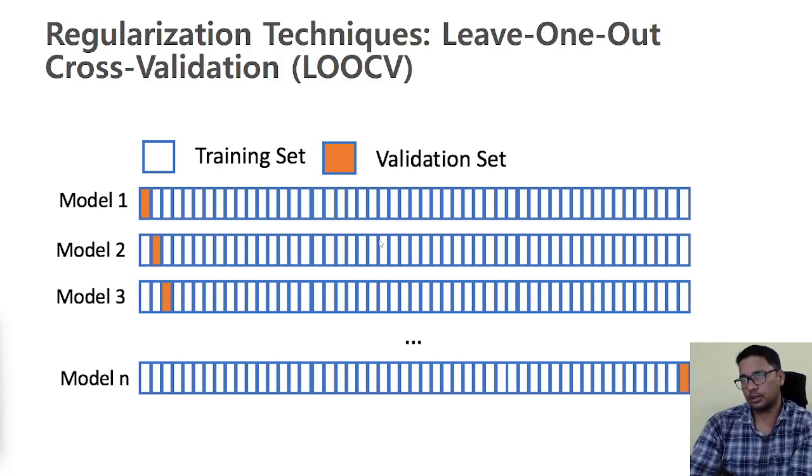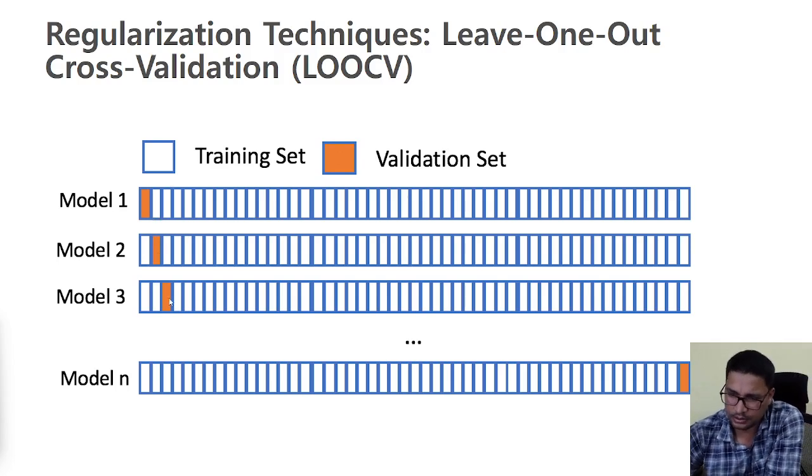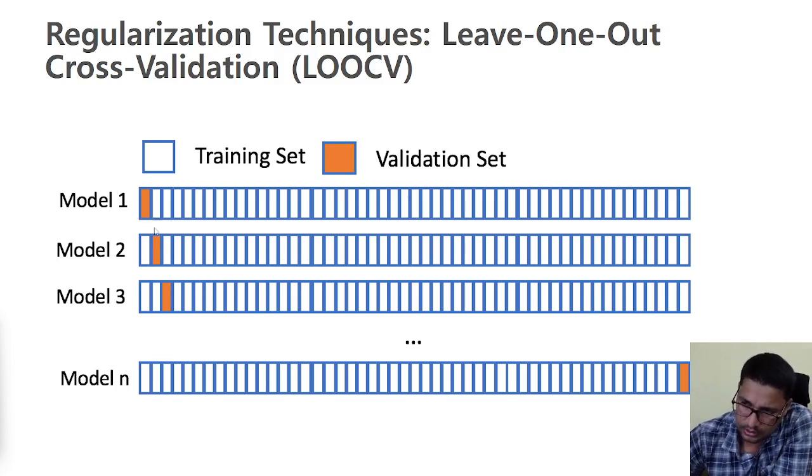Another method is leave-one-out cross validation. This method is basically useful for small data, right? If we have n samples in the whole data, then we separate one single sample as validation data and the other samples as training data.